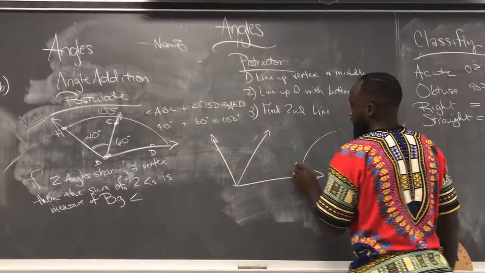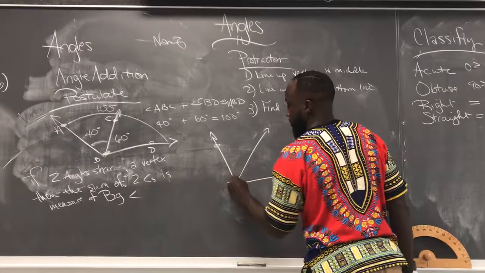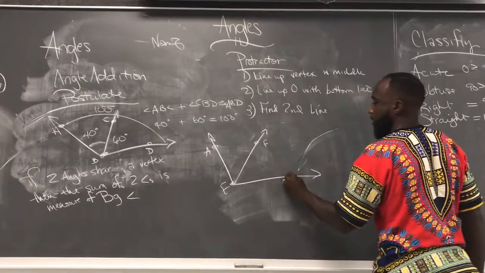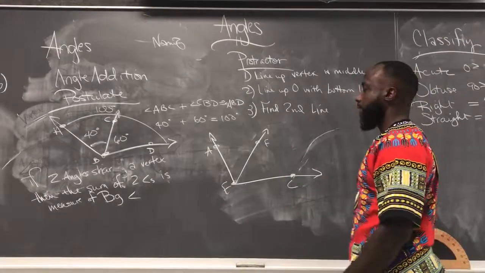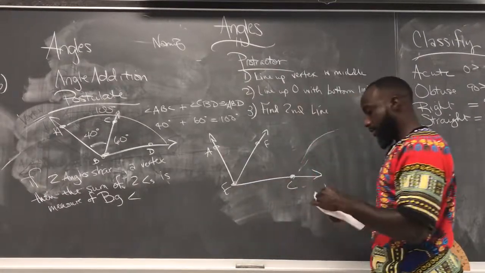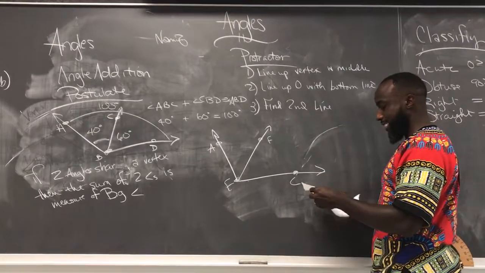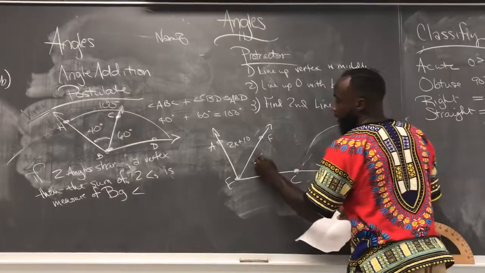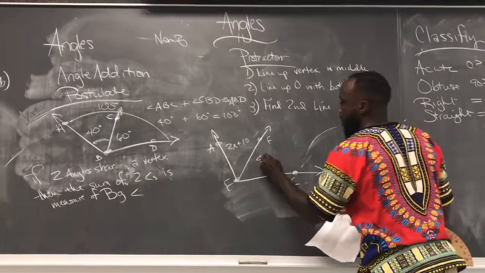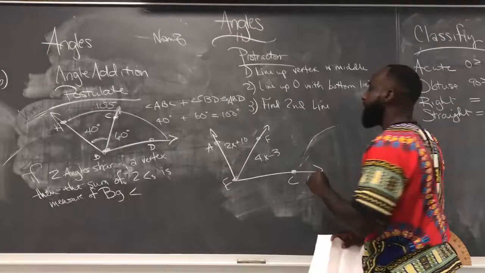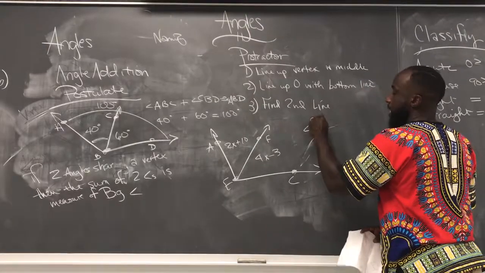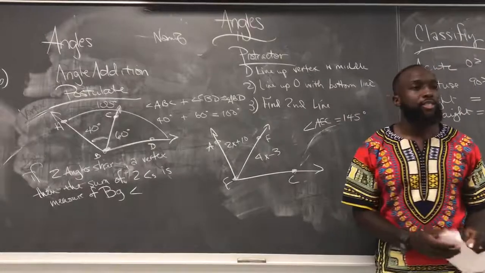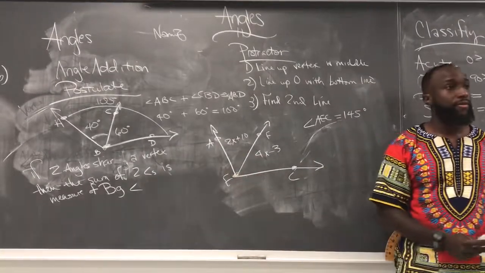Let me give some letters: A, E, F, and one more letter, D, C. If AEF equals 2x plus 10, and FEC equals 4x minus 3, and they say that angle AEC equals 145 degrees, what would be the measure of angle AEF?